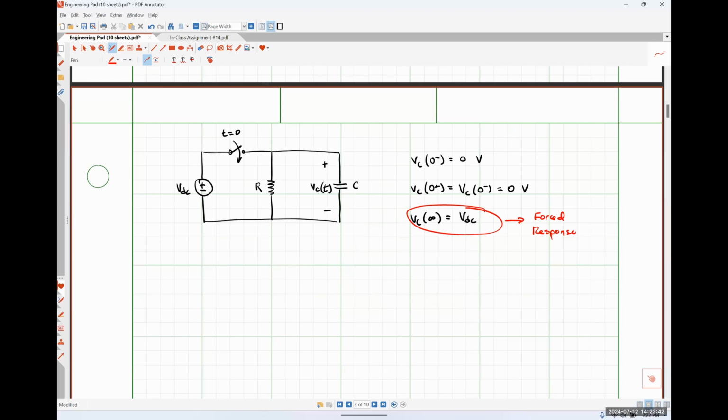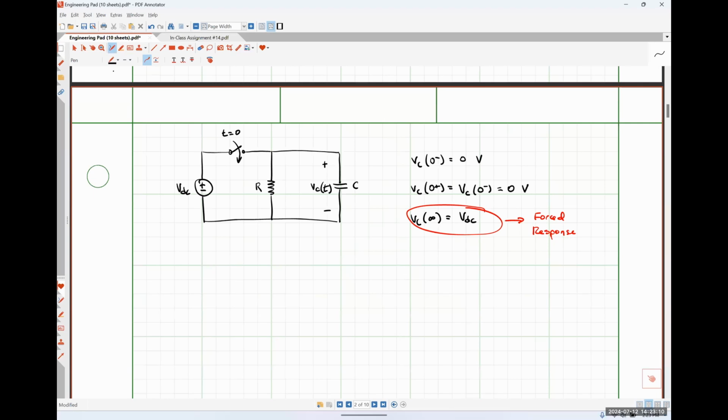So this is distinctly different than what we were doing on Wednesday because this voltage source is left in the circuit, and so therefore it's making the capacitor do something it wouldn't normally or naturally do. Okay. So our total response is simply the sum of the natural response plus the forced response.